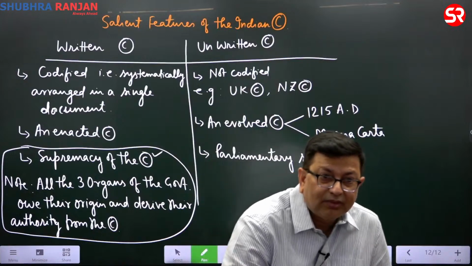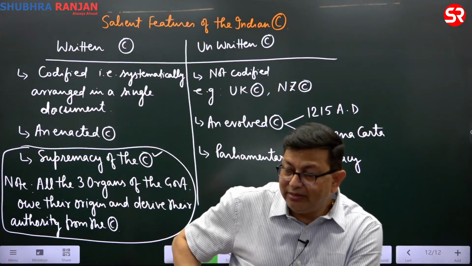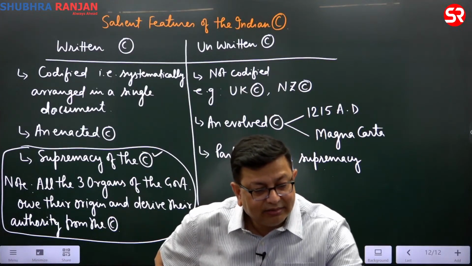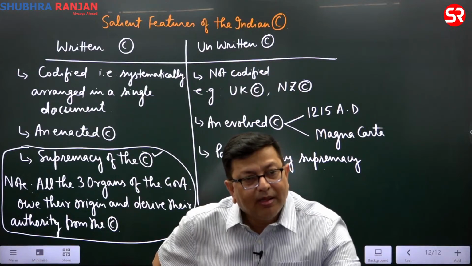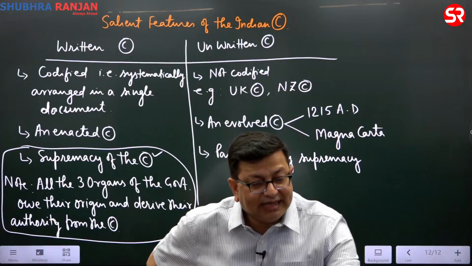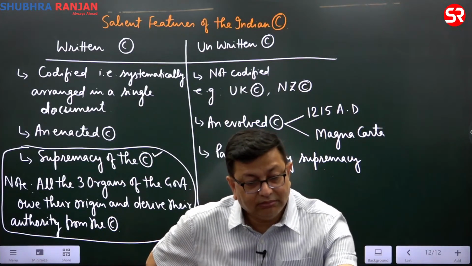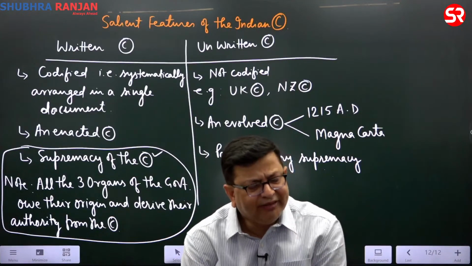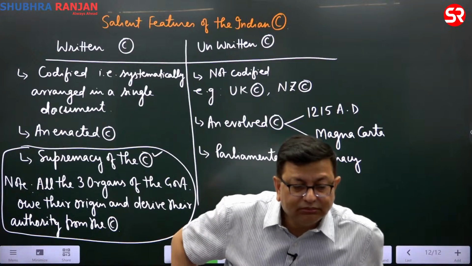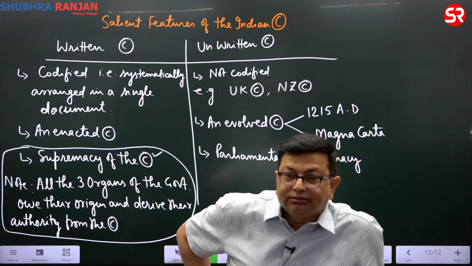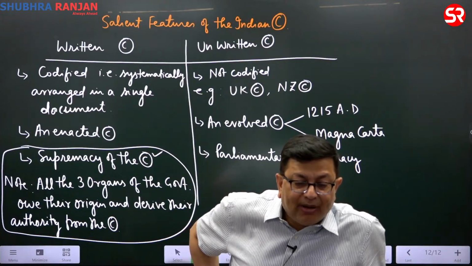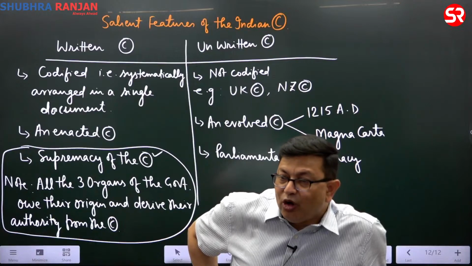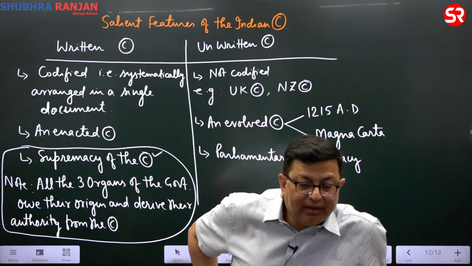the supremacy of the Parliament, as it exists in the UK, refers to the supreme law-making power of the British Parliament.